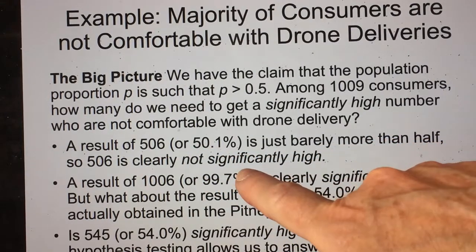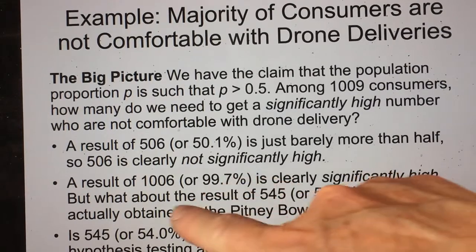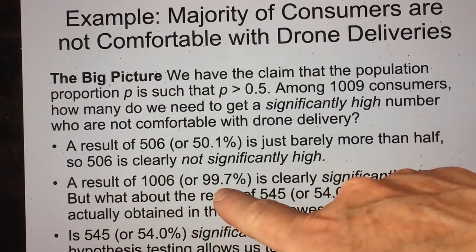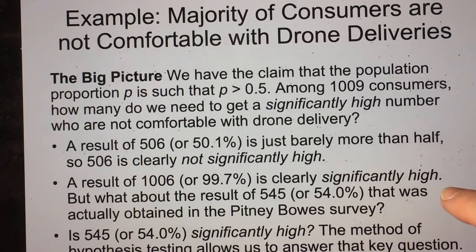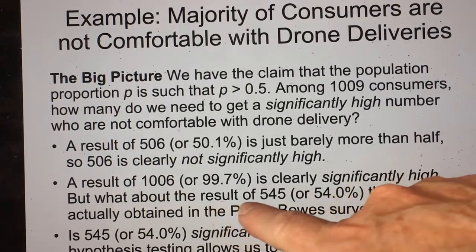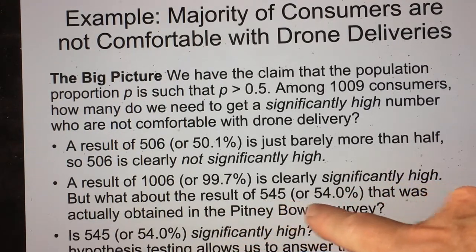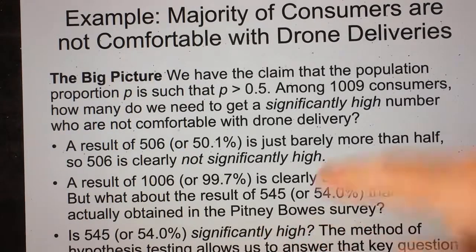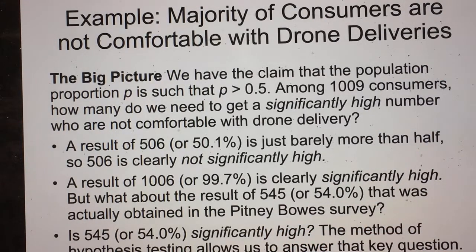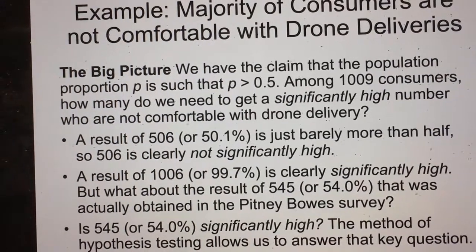So that does not seem to be significantly high. A result of 1,006 is clearly significantly high. But what about the result of 541 that was actually obtained in the Bitney Bowles survey? Is 545 significantly high? The method of hypothesis testing allows us to answer that key question.